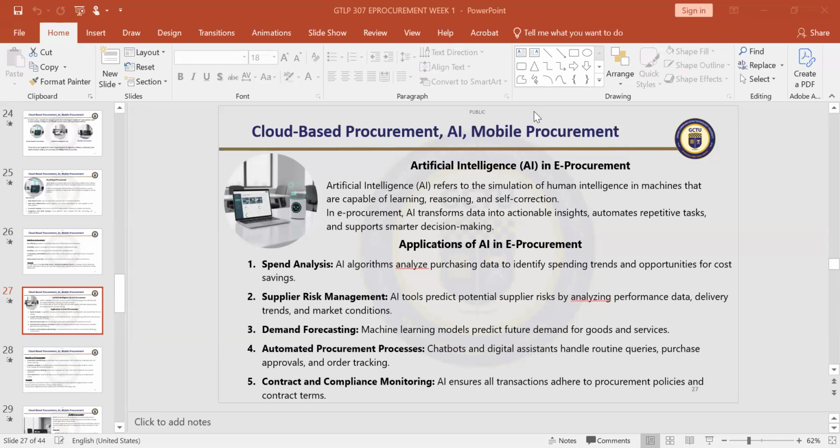Automated procurement processes. Chatbots and digital assistants handle routine queries, purchase approvals, and order tracking. Now, there are chatbots all over, right?